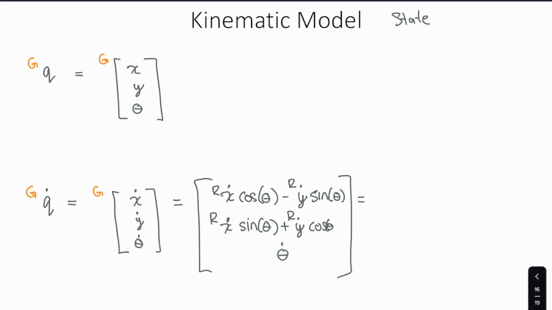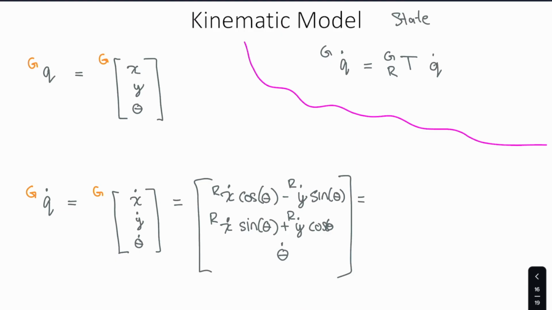The format we'd like to use, I'll put an aside up here, looks something like this. We want our state and how it changes with respect to the global frame. We're going to have some transformation matrix, which takes us from the robot's reference frame to the global frame, and we'll multiply that by q dot in the robot's reference frame. And remember, the idea here is that we want to cancel these R's out, so we're left with q dot of G.